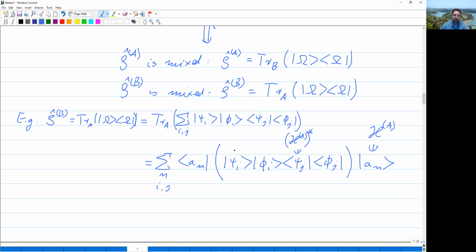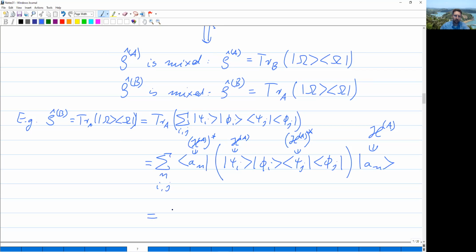And that thing is in the Hilbert space of A. And that thing here, this bra vector, is in the Hilbert space A star. It's a dual, right? And so we see that this one will eat up that one, because this is the dual vector to that. This one will eat up this one, and we are left with the phi.